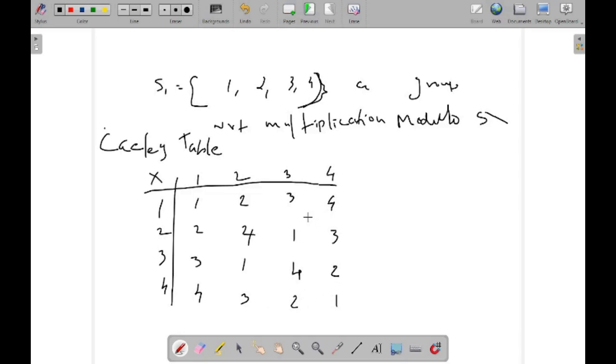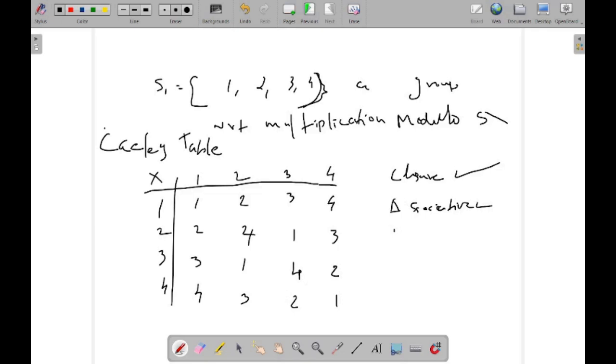Okay, here the operation is closed, multiplication is closed. So the closure property is satisfied. Then we know multiplication is associative, so that property is okay.